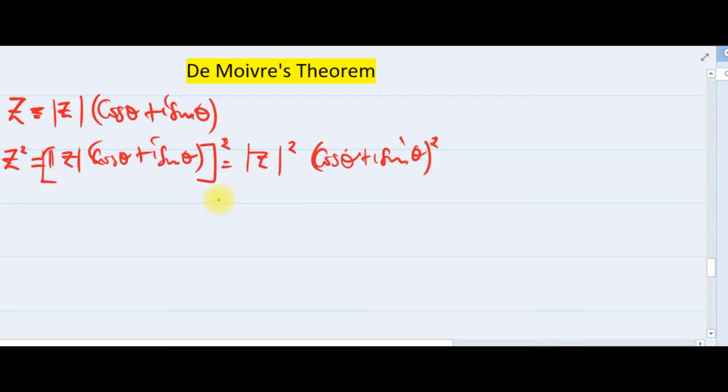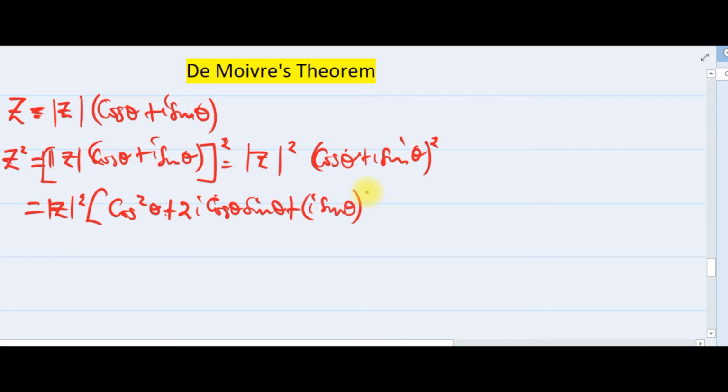Okay, let's continue. Let's start with the second factor. Expanding cos theta plus i sine theta squared gives cos squared theta plus 2i cos theta sine theta, and finally plus (i sine theta) squared.